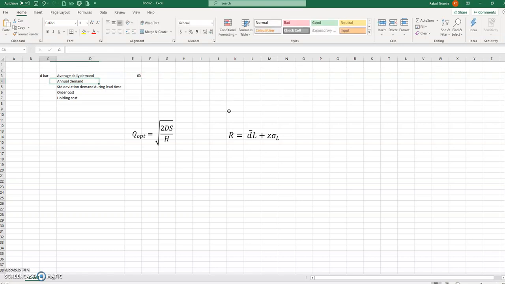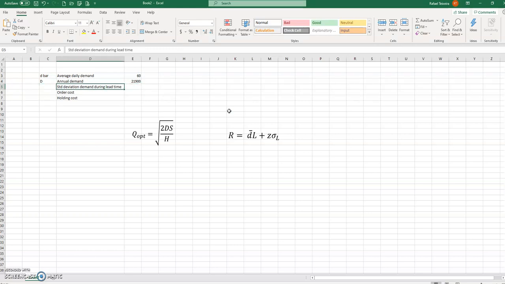Our annual demand is our capital D, and this is equal to the average daily demand multiplied by 365 days. If the problem doesn't say how many days we have in a year, we use 365. So that's the annual demand.